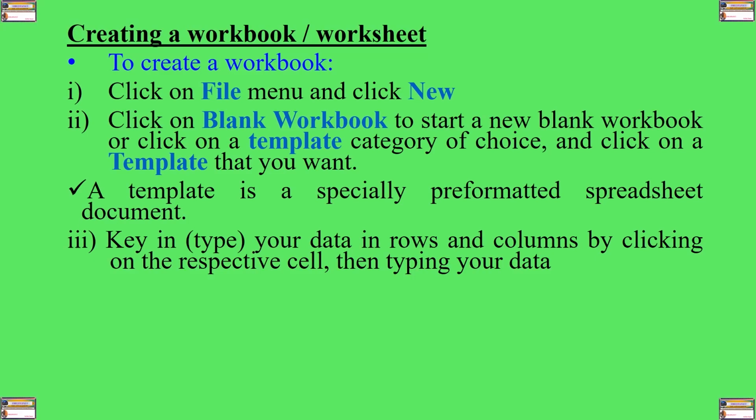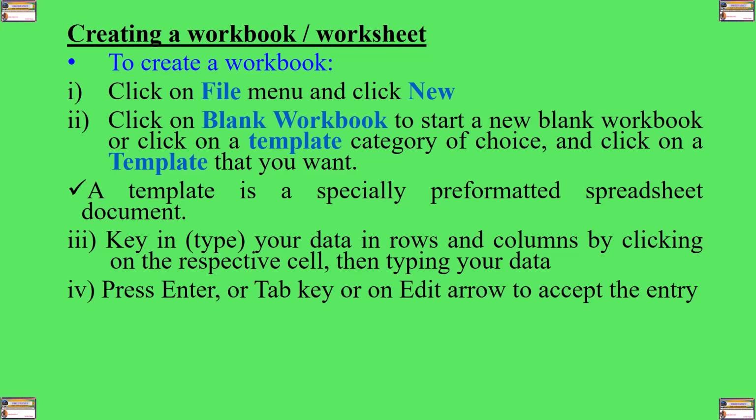Once your blank workbook, or your workbook template, is open, you then key in your data in rows and columns by clicking on the respective cells, then typing your data. Then you press Enter or the Tab key or an arrow key to accept the entry.